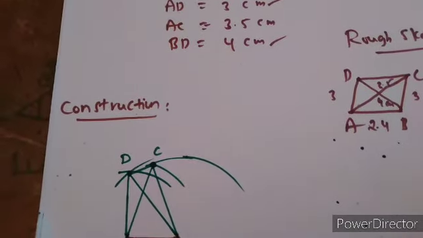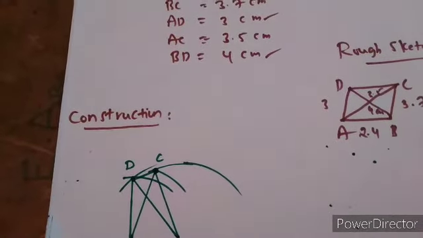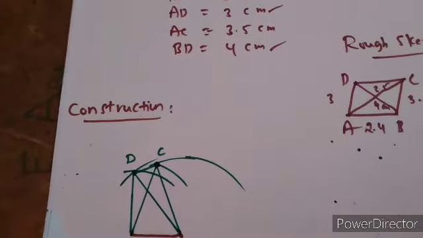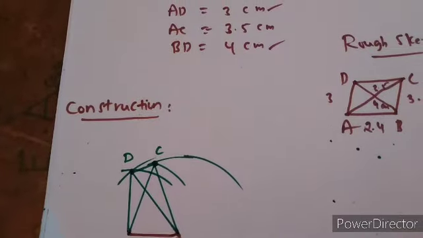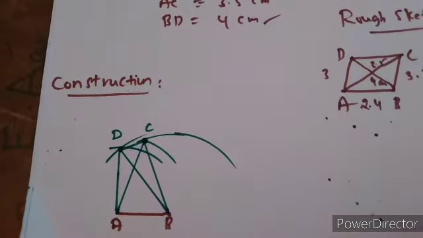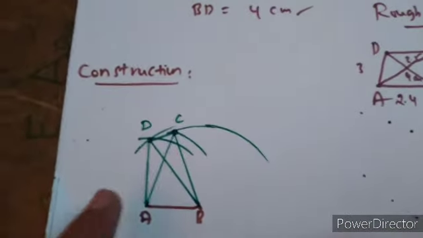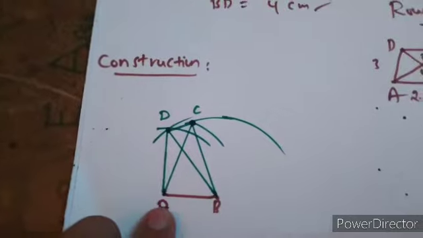Angles we still did not handle. In forthcoming problems you will have angles also. So only to decide where we have to take the angles and the diagonals, we have to draw a rough sketch. But the actual construction will be different.